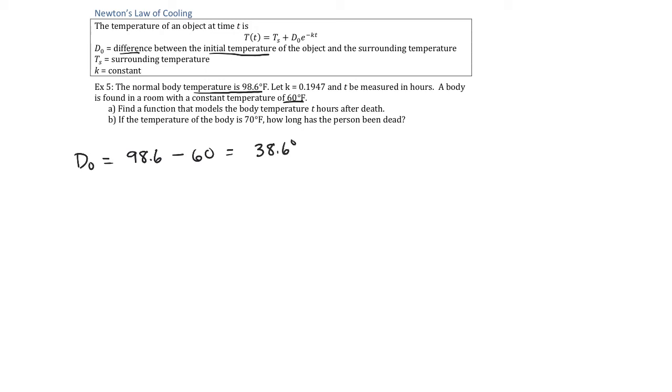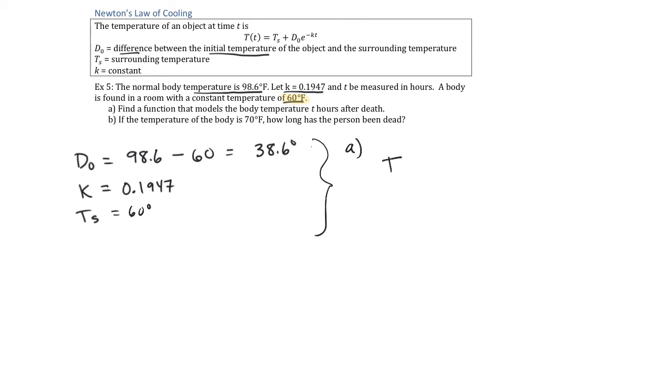All right, k, it just depends, but for human bodies it is 0.1947, and t is in hours. And the surrounding temperature was 60 degrees. So we're going to put that together and we can come up with a model.